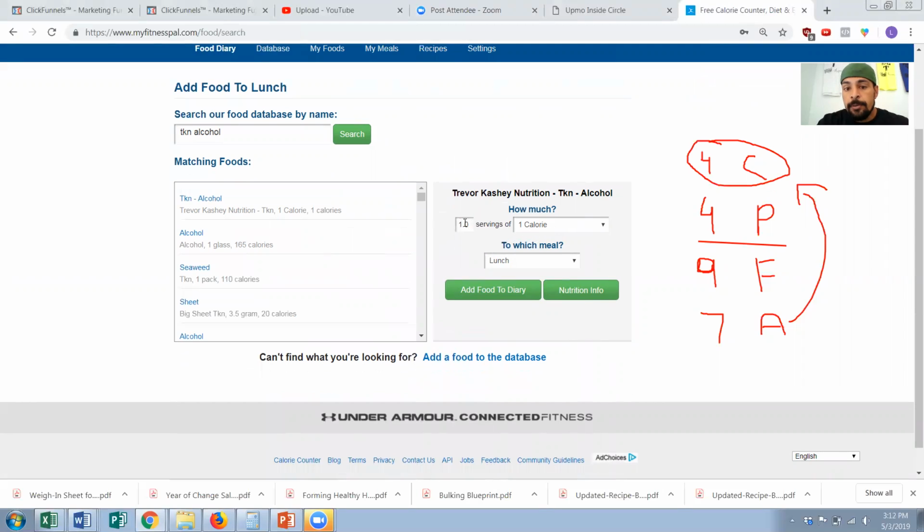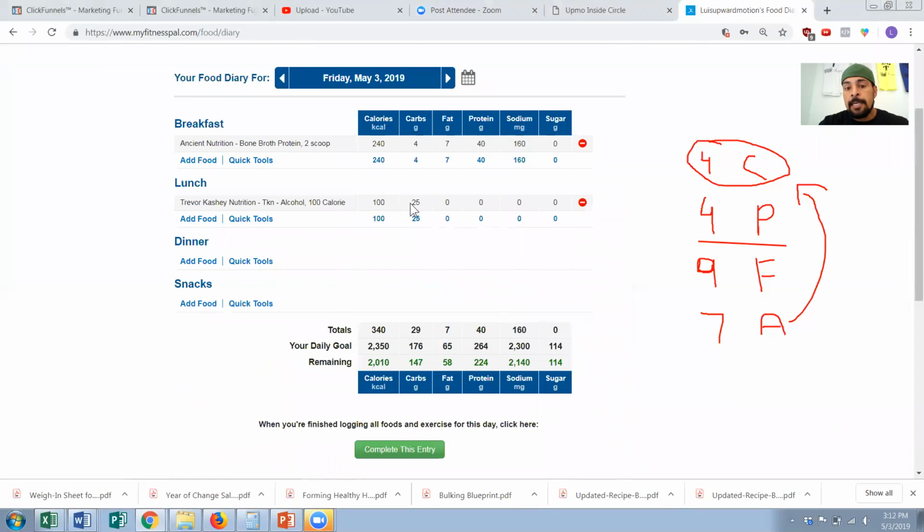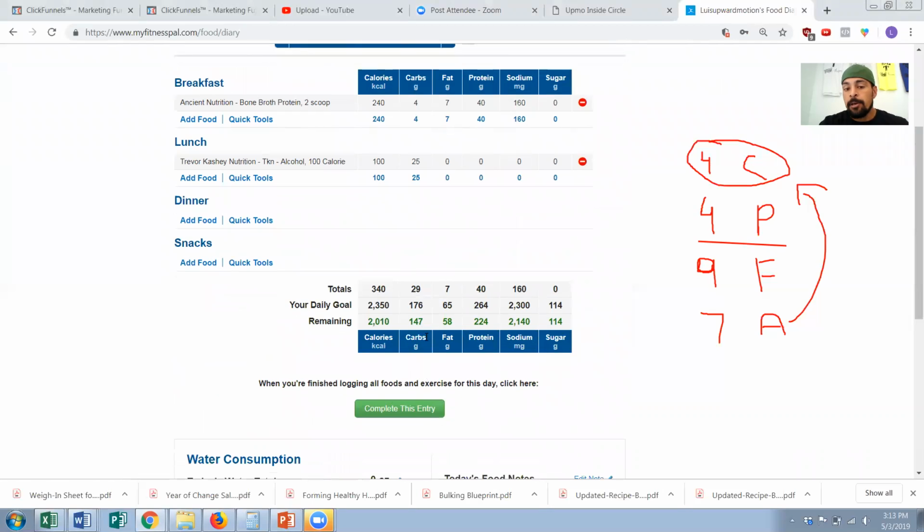So 1 serving is 1 calorie, and 100 servings is 100 calories. Add this to the diary, and you'll notice that 1 shot takes 25 grams out of my caloric intake, and it's also taking it out of my carbohydrates. So that's 25 grams per 1 drink.